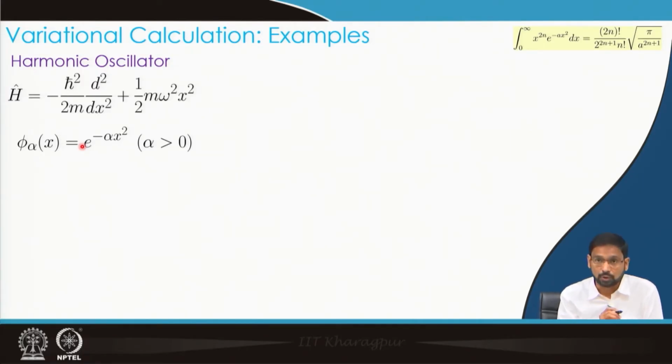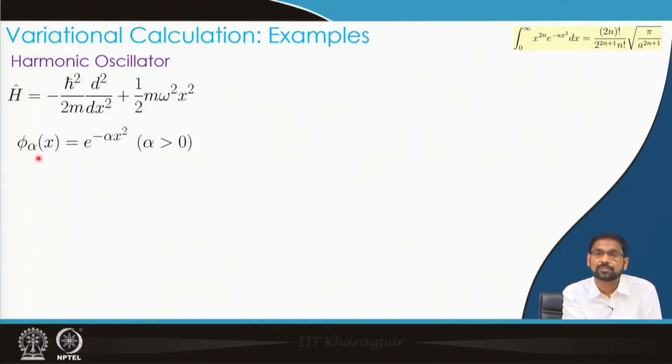In fact, we know for the ground state wave function what the value of alpha is, because the ground state wave function of the harmonic oscillator is indeed a Gaussian function. So, we know the exact value of alpha, but we will try to see whether the variational principle gives us that value of alpha or not. That is the idea of this exercise.